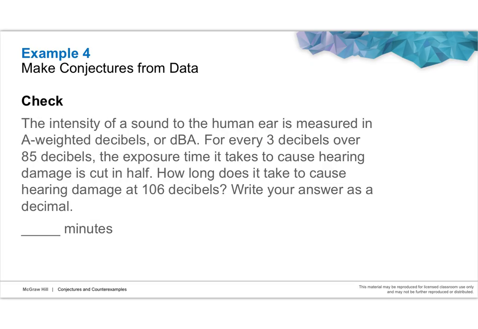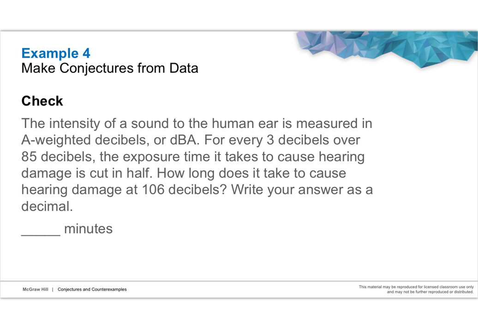In the continuing description here, it says the intensity of a sound is measured in what are known as A-weighted decibels, so dBA. For every 3 decibels over 85 decibels, the exposure time is cut in half. So we're kind of told what the pattern is. How long does it take to cause hearing damage at 106 decibels?